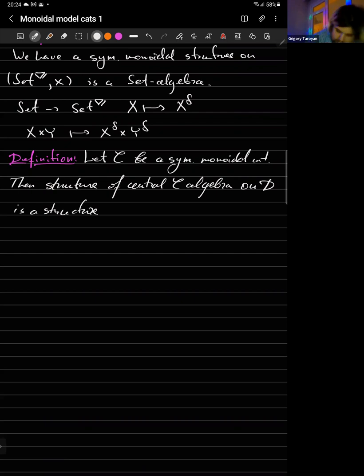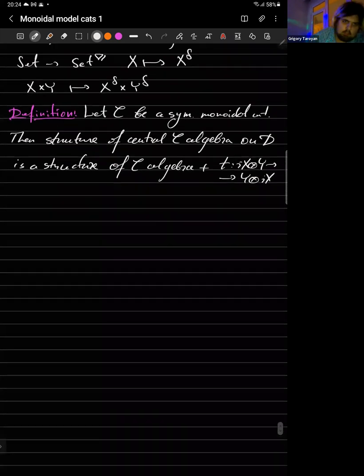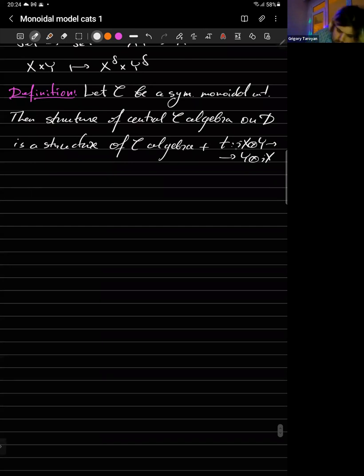So we start from an ordinary algebra structure on D. So this is precisely the condition that the image of C commutes with all elements of the category D. This satisfies coherence conditions.